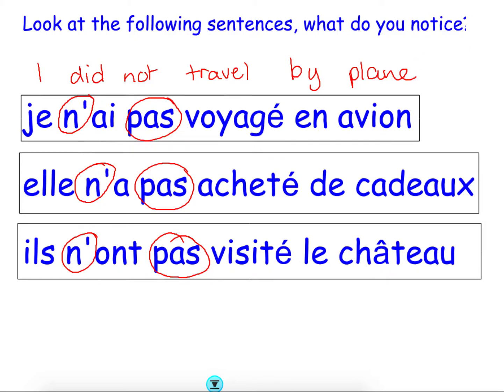Okay, so our ne and pas mean did not or do not, okay? Because it's in the past, it's did not, all right? Elle n'a pas acheté de cadeau. She did not buy presents or buy a present. Ils n'ont pas visité le château. Can you work out what this one means?